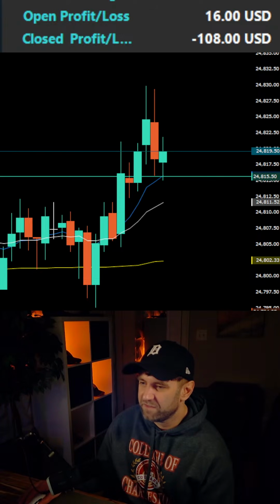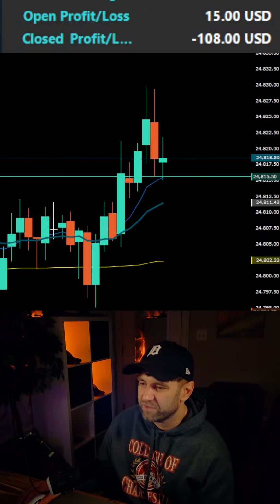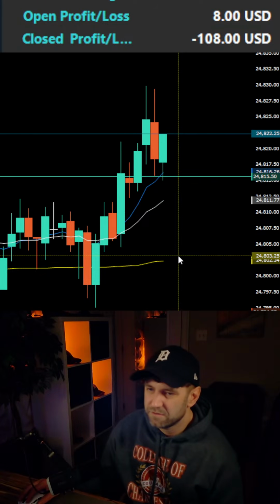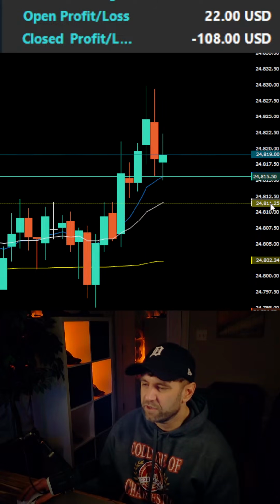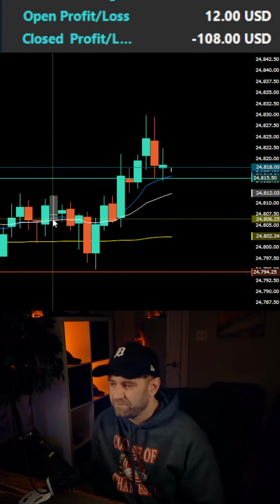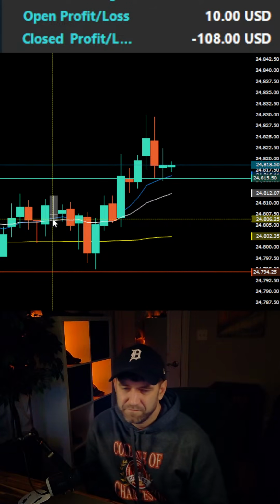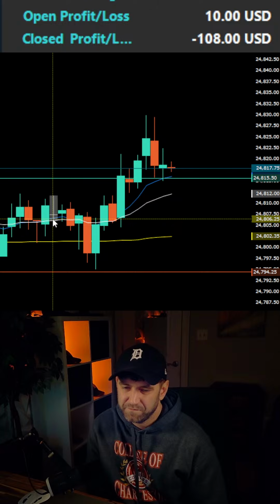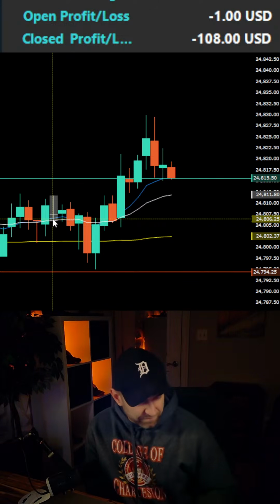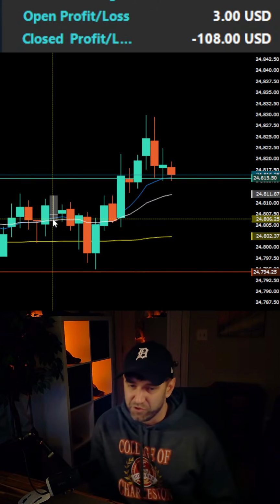From 15, so we would be targeting 45, it looks like, for target 1. This would be 0 for 4 if this one loses.